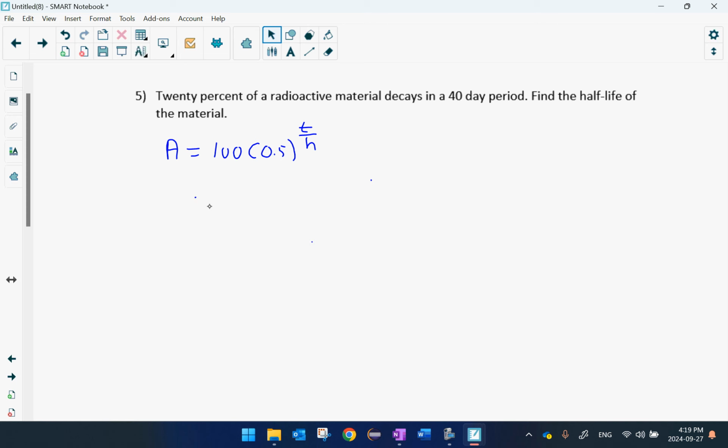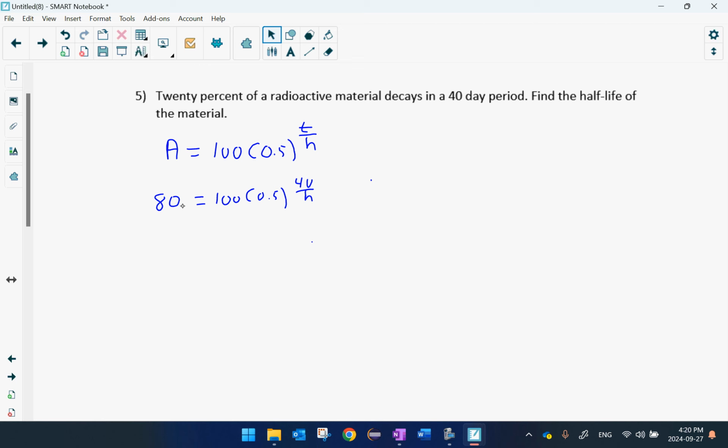So one way to start this is to realize that when the time is 40, 20% is decayed. That actually means that 80% is remaining after 40 days. So when we sub in t equals 40, we'd expect to see 80 remaining. And now the only unknown is in fact the half-life, which is in the exponent place.